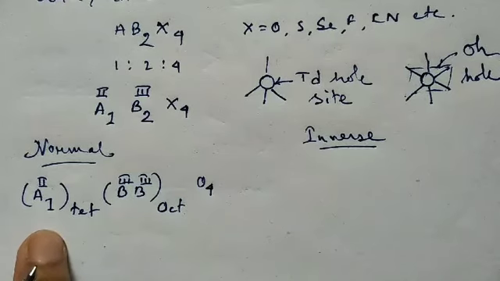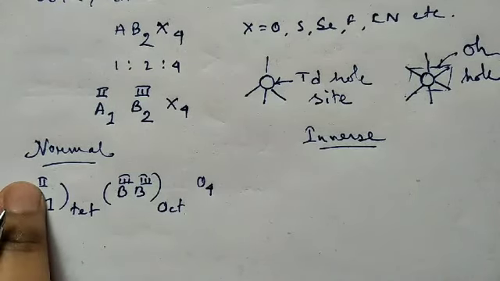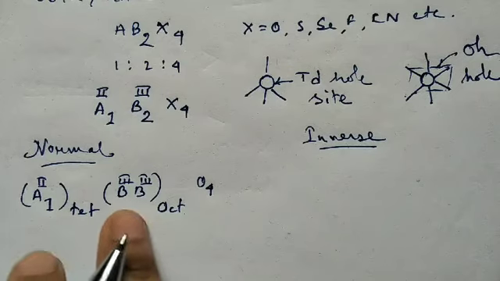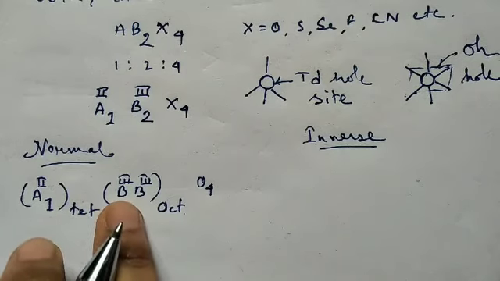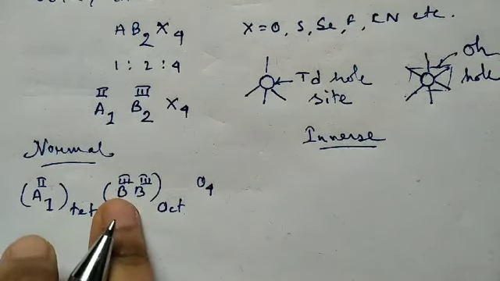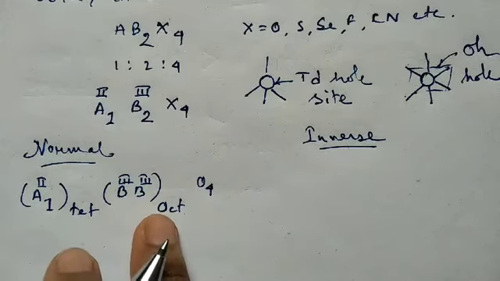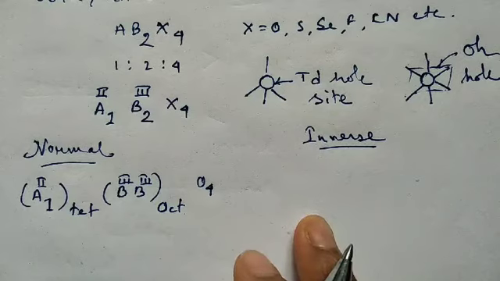You can remember it in this way: the metal which is less in number has the lesser oxidation state and occupies a site with less coordination number, and the cation which is more in number has the more oxidation state and occupies the site with more coordination number.